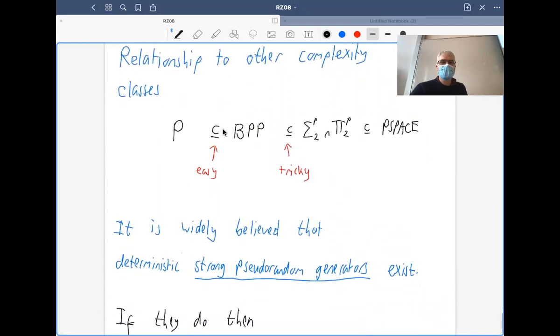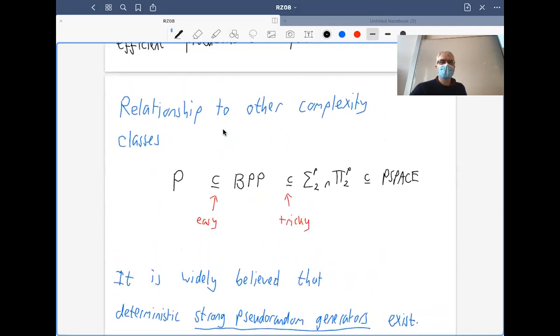And just a comment on the relationship to other complexity classes. It's easy to see that the class P is contained in BPP, because a deterministic algorithm is a fortiori a probabilistic algorithm, there's just no probability involved.